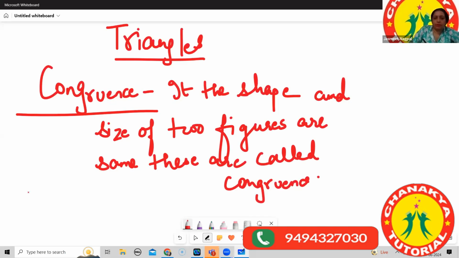Suppose this is a circle with center R. These are two circles.